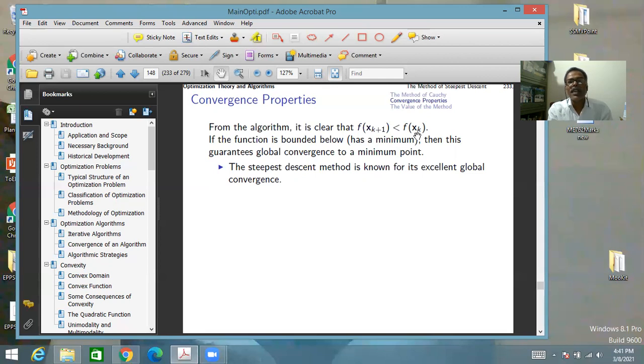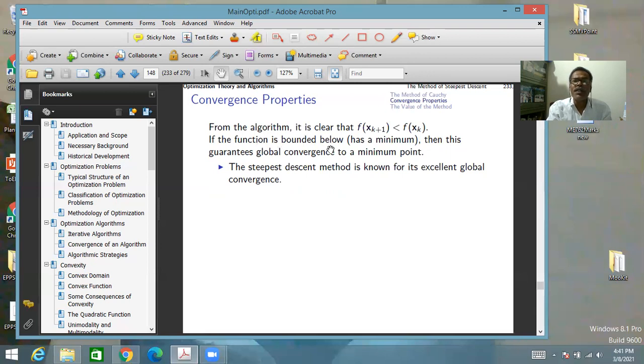In that, the function cannot increase, and the function cannot stay constant also, because it was a descent direction and you are doing a line search. And in line search, there is no chance of overstepping because you would appropriately reduce, and then stop somewhere after which you don't want to reduce further or cannot reduce further.